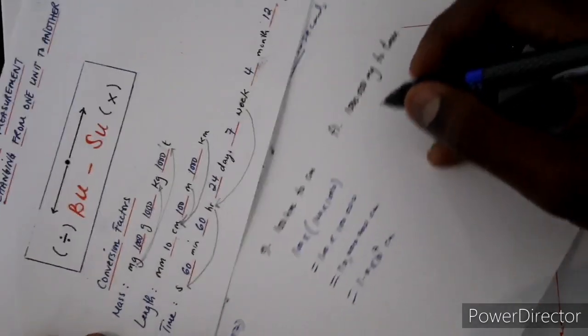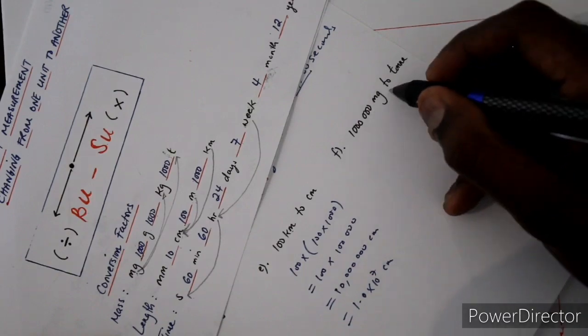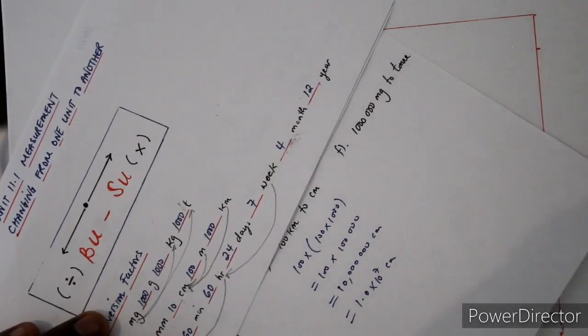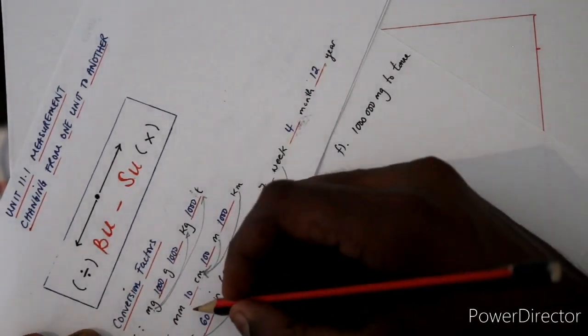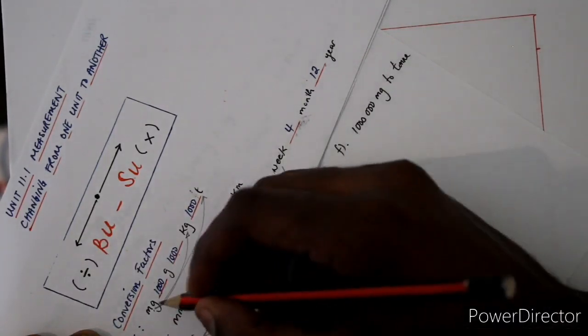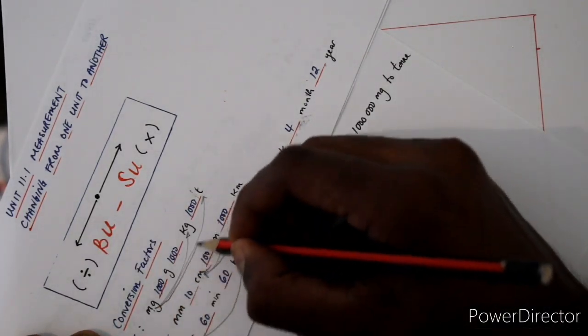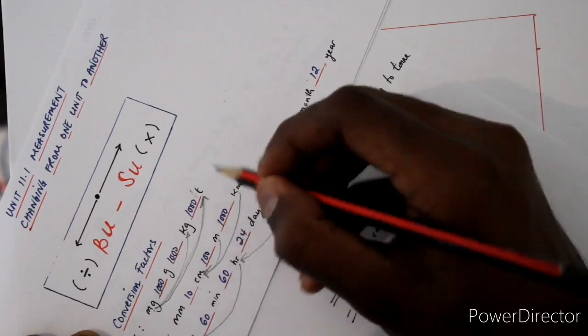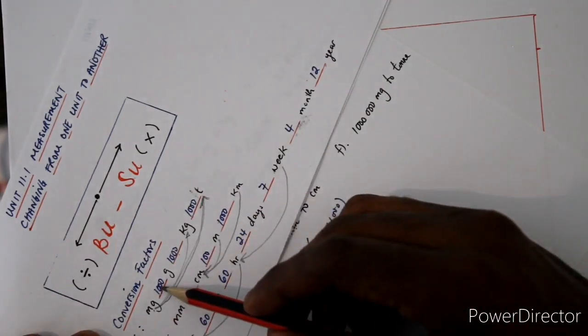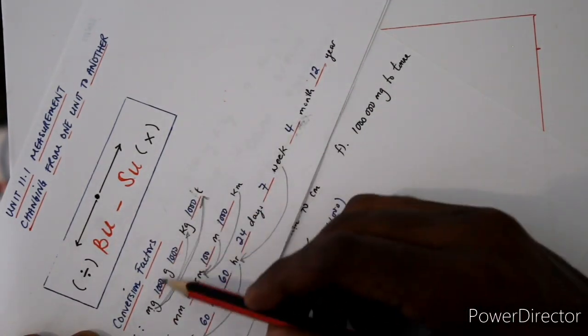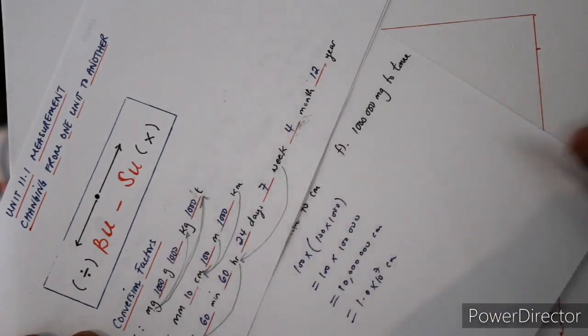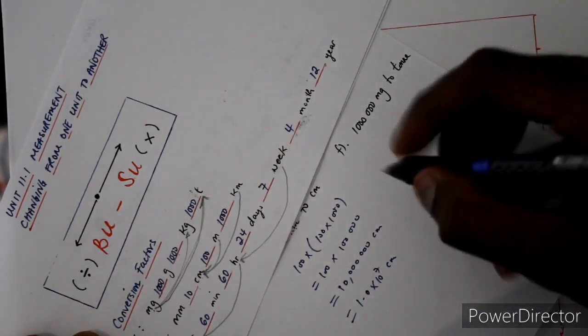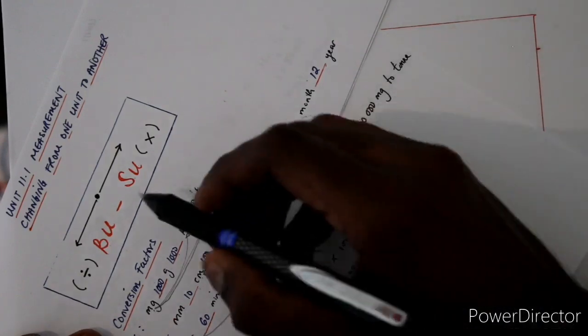Now the last one we have is 1 million milligrams to tons. Milligrams to tons. Our conversion factor is 1000 times 1000 times 1000, which is 10 to the power of 9. Since it's a smaller unit to a bigger unit, we will divide.